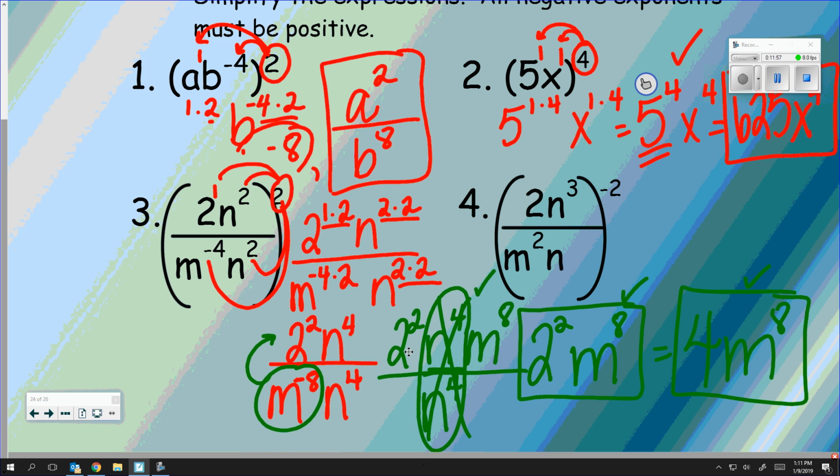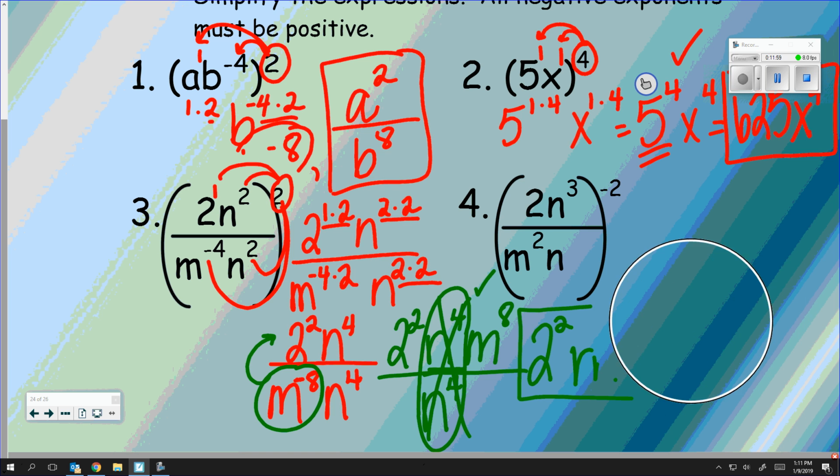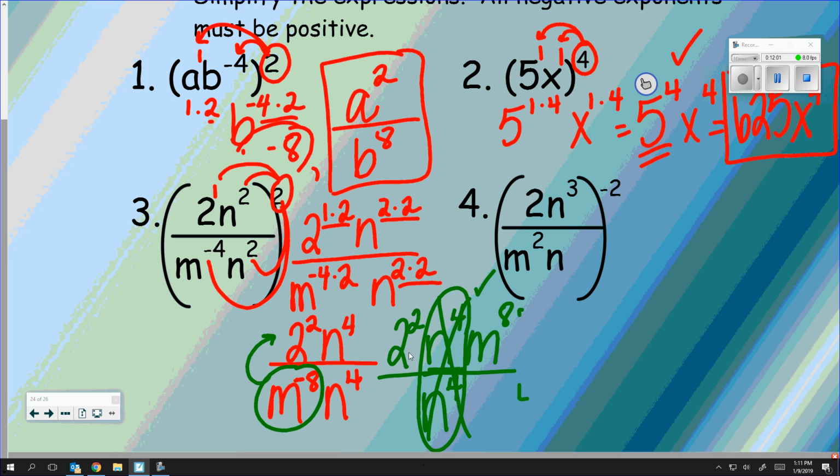Okay, for the last one, I'm going to erase some of this. All right, do all of our terms have an exponent? No. So for this 2, we need to add a 1. For the n, we need to add a 1. So now that they all have an exponent, we take this negative 2 and distribute it to every term.